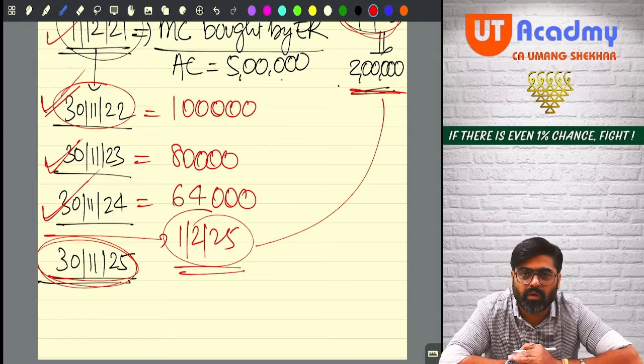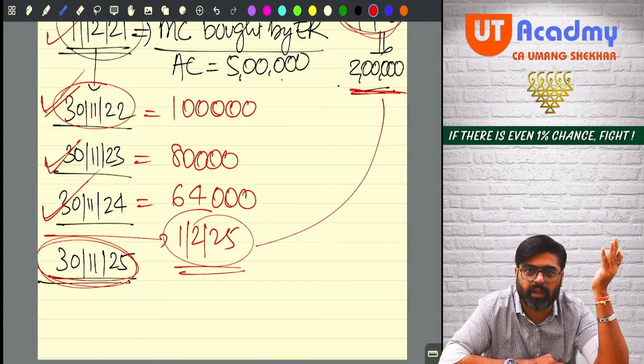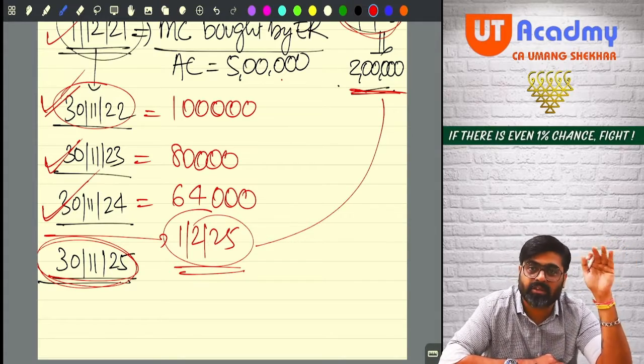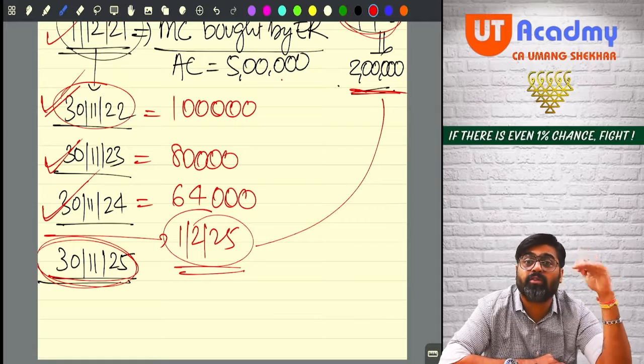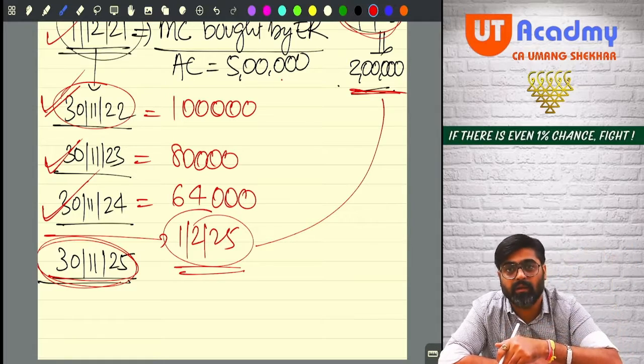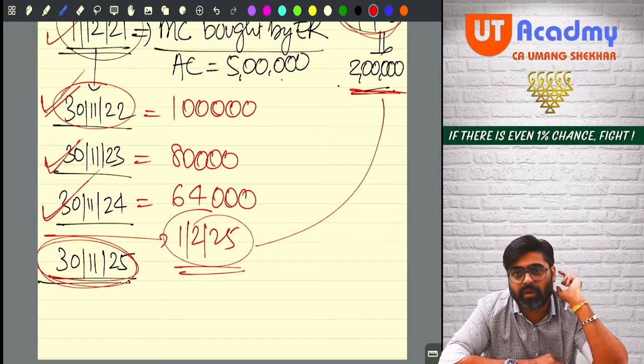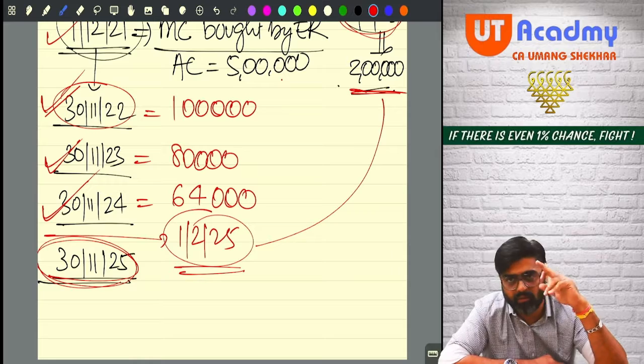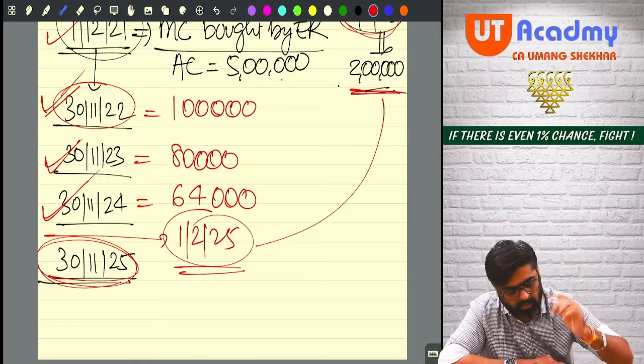Fourth year, no. If I were doing accounting, I would have taken the depreciation till 1st February, but I am not doing accounting. I am in the Income Tax Act and I am determining the value. Getting my point? So here they are saying that for every completed year only you are supposed to reduce.